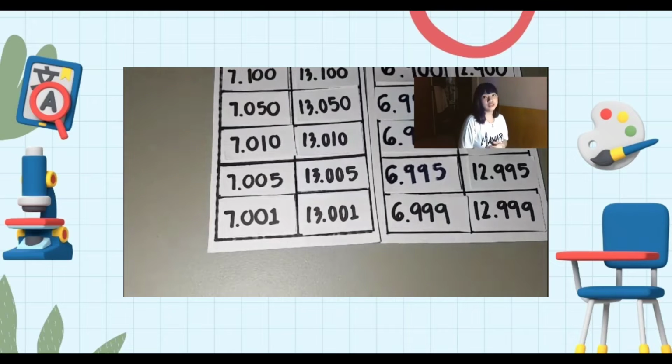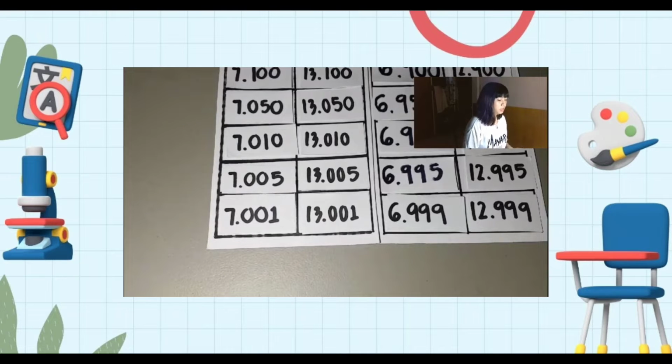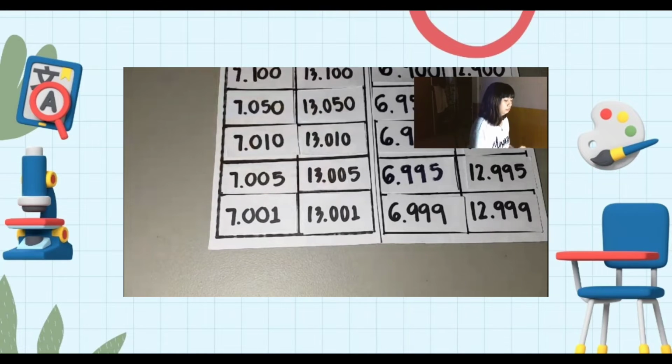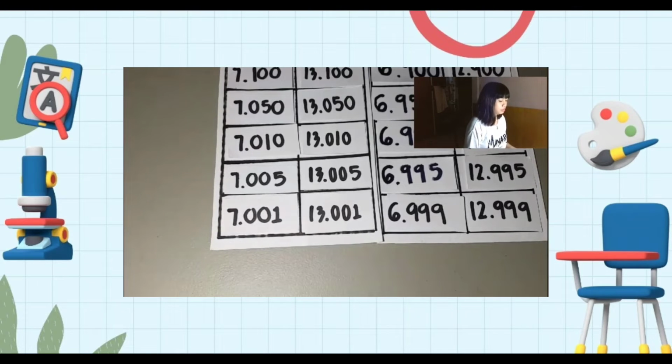After we calculate the left-hand limit and the right-hand limit, we need to observe our table of values. Once we have observed it, we can conclude that the values that we calculated are close to number 13.